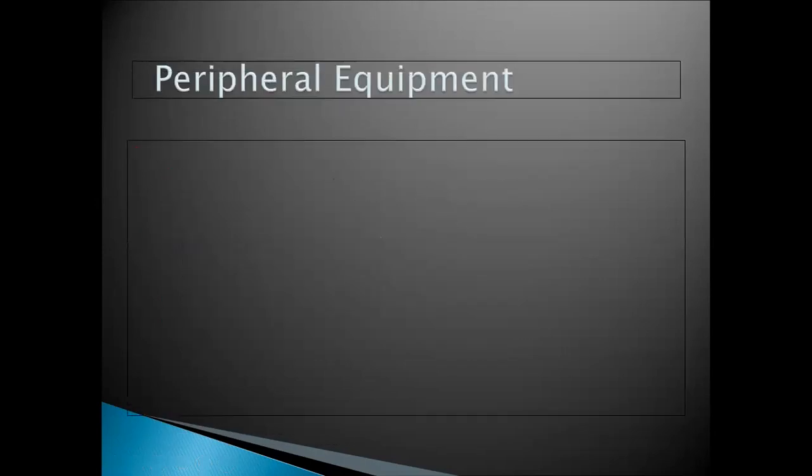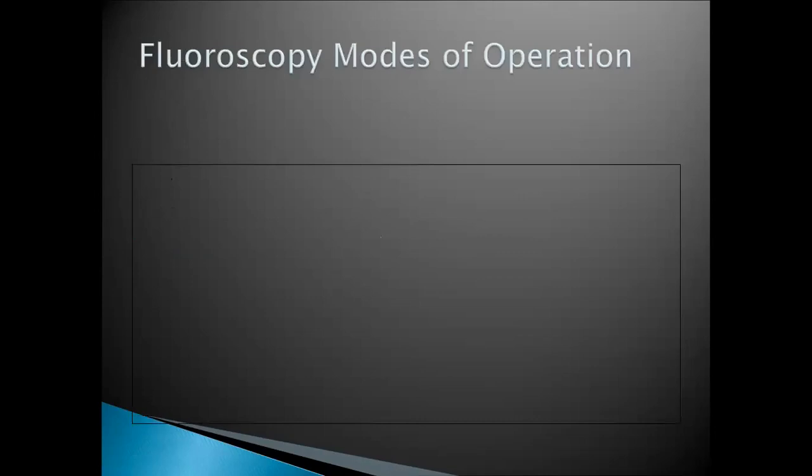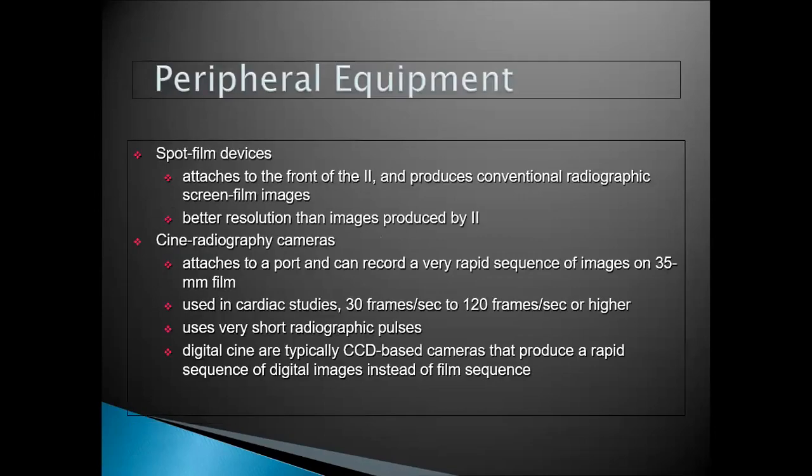when the radiologist wants an image with a better resolution, then it goes for the spot film. So this spot film is attached in front of the II, the image intensifier.